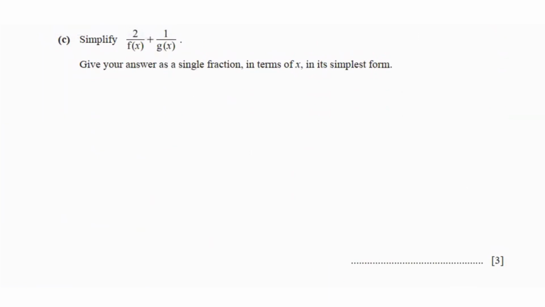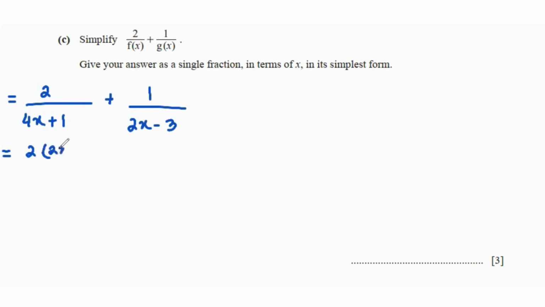Then it says simplify the following. So what we're going to do is 2 over 4x plus 1, because f of x is 4x plus 1, plus 1 over 2x minus 3, because g of x is 2x minus 3. So since we're adding unlike denominators, I'm going to multiply the first fraction by 2x minus 3. This way we're going to have the same denominators.